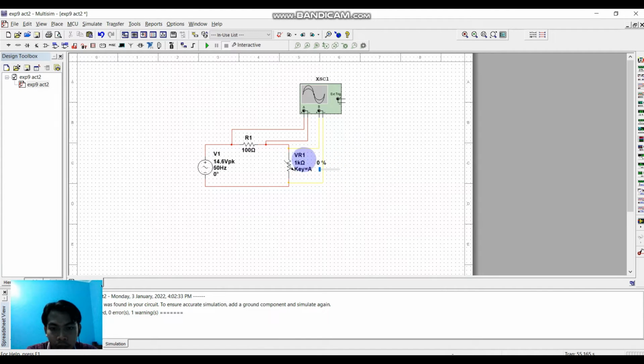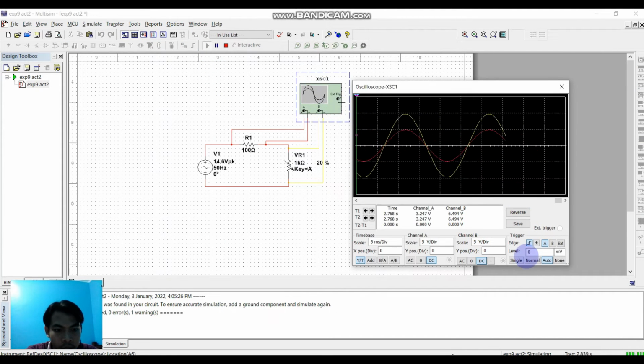We vary it to 20%, which means 20% of the 1 kilo ohm, so it has a 200 ohm resistor value. Now let's simulate the circuit and see the oscilloscope.